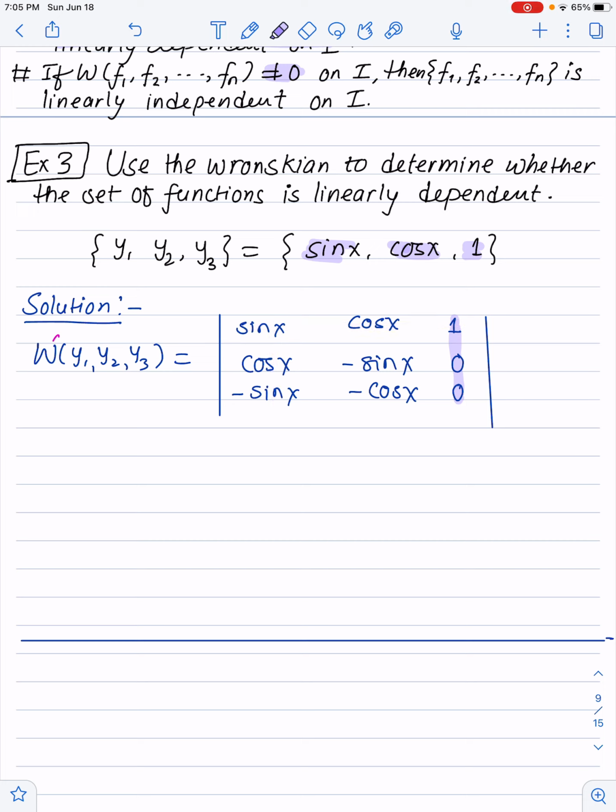We need to figure out this will be plus, this will be minus, and this will be plus. So plus 1 times, if you take this one, then this row and column go out, and we take the determinant of the rest. So it should be 1 times the determinant of cosine x, negative sine x, negative sine x, negative cosine x.